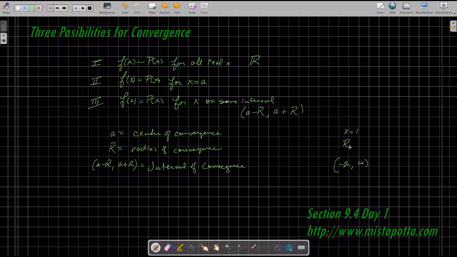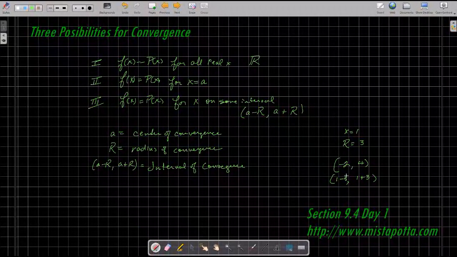And my radius of convergence in this case would be 3, because I'm essentially dealing with 1 minus 3 to 1 plus 3. So given an interval of convergence, I can determine a center and a radius. And if I have a center and a radius of convergence, I can determine my interval of convergence.